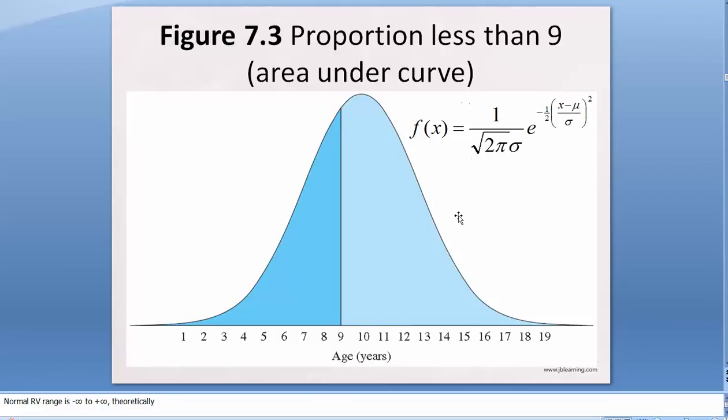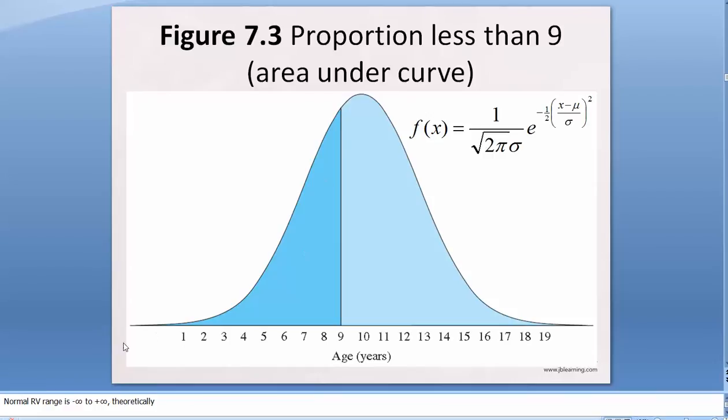So you put the integral sign, and remember, a bell curve, a normal random variable, can theoretically span from negative infinity to plus infinity.